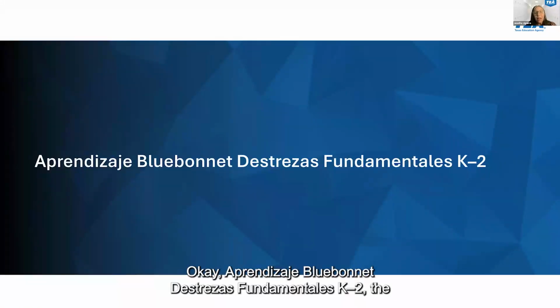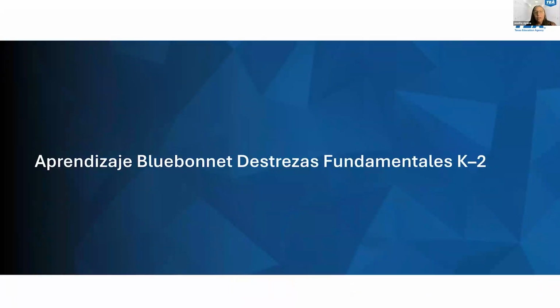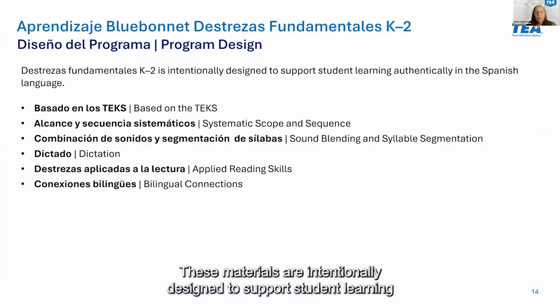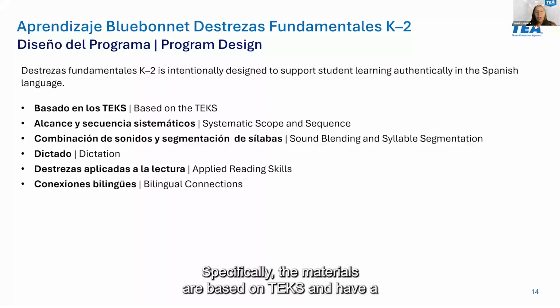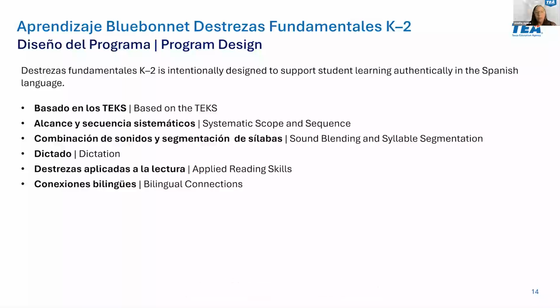Okay. Aprendizaje Bluebonnet Destrezas Fundamentales K2 is our Spanish Foundational Skills product. These materials are intentionally designed to support student learning authentically in the Spanish language. Specifically, the materials are based on syllables and have a systematic scope and sequence.